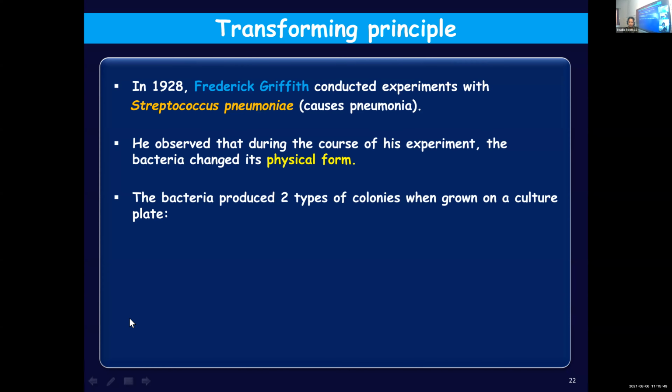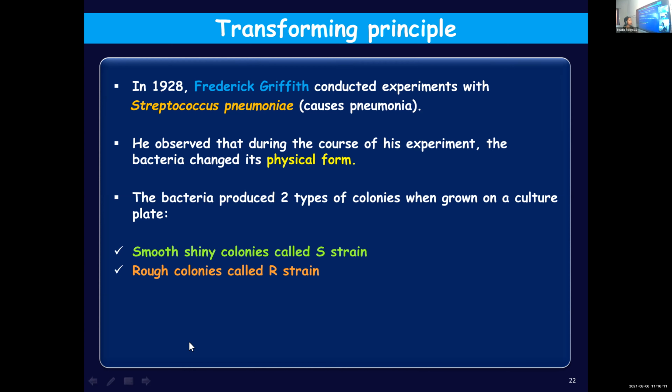When he was growing them on a nutrient medium, he found that the bacteria produce 2 types of colonies. A group of bacteria will form a colony, but he could distinguish 2 types of colonies.